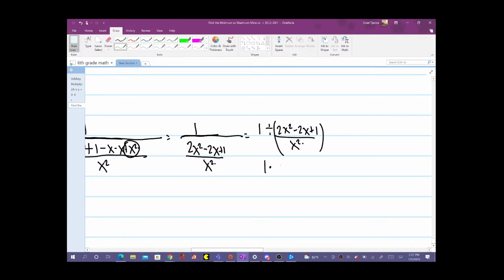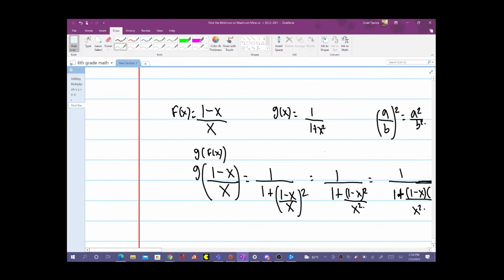I'm also going to find, so we found g of f of x. Now we want to find g of f of 1.